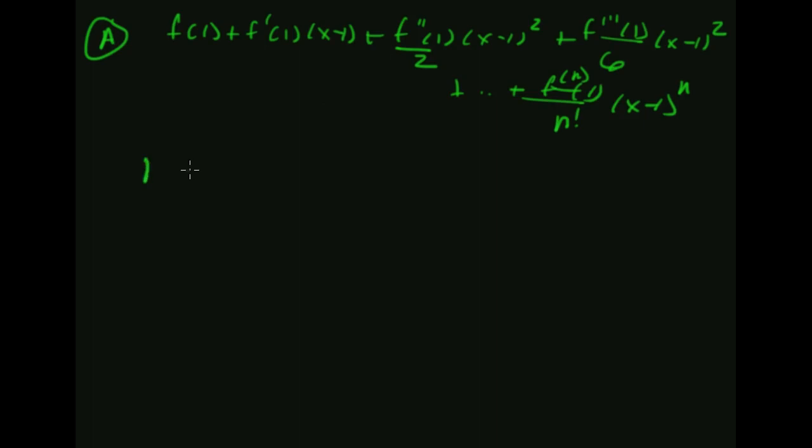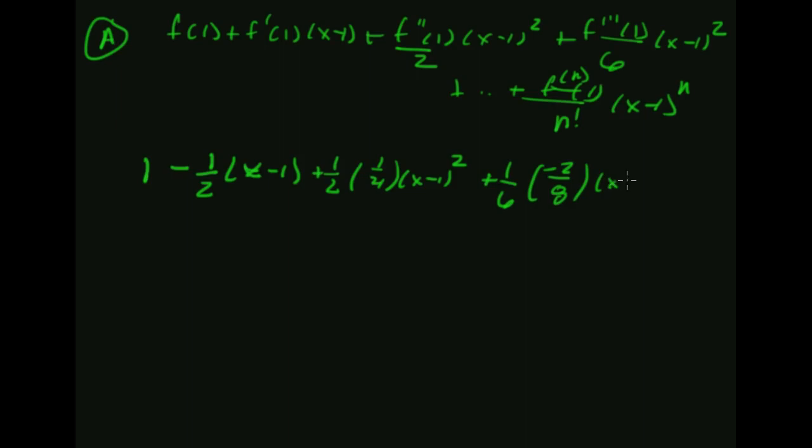All right, so let's play this out. F of 1 is 1. F prime of 1 is -1/2. And then we're going to get 1/2 times, that works out to be 1 factorial over 4, so that's 1/4 times x minus 1 squared plus 1/6 times, and then this is -2 factorial over 8 times x minus 1 cubed.